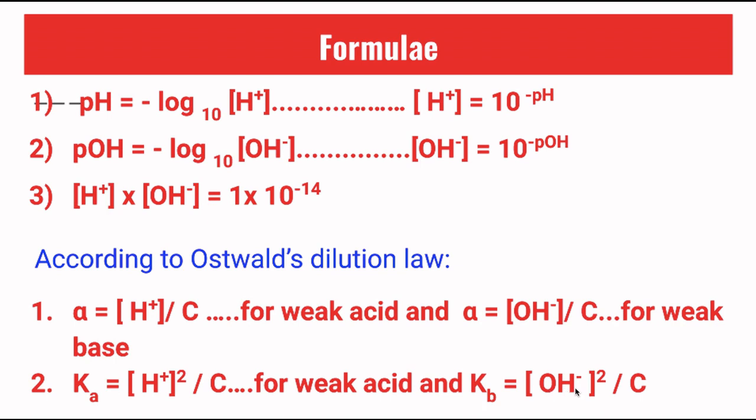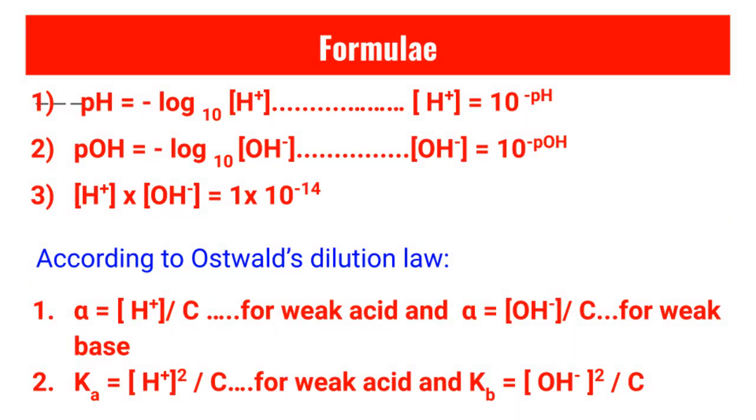From pOH we have to calculate concentration of OH- ions. Now we shall see some problems where we can calculate concentration of H+ ions or concentration of OH- ions if pH or pOH of the solution is given to you.